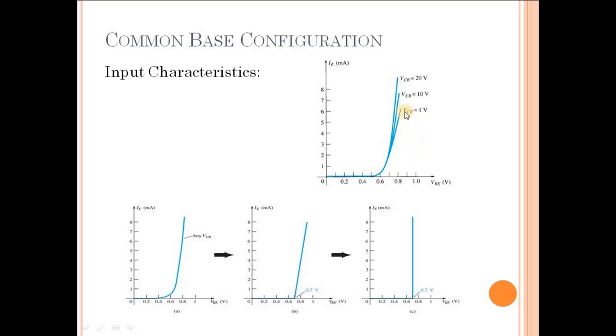Here VCB was 1 volt, so I got IE varying with VBE like this. When VCB equals 10 volts, I got IE varying with VBE in this manner. When VCB equals 20 volts, I got it in this manner. So I have 3 curves, and similarly I can draw numerous curves, each corresponding to a different value of VCB.